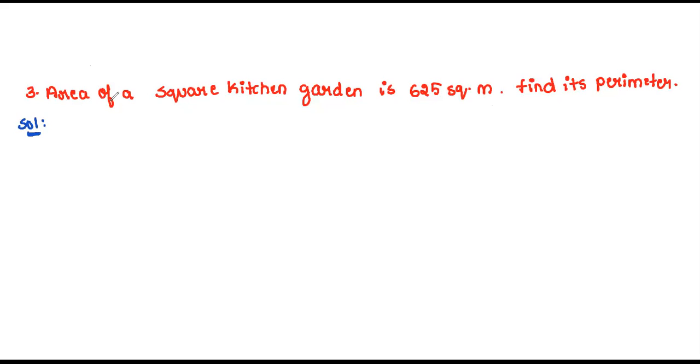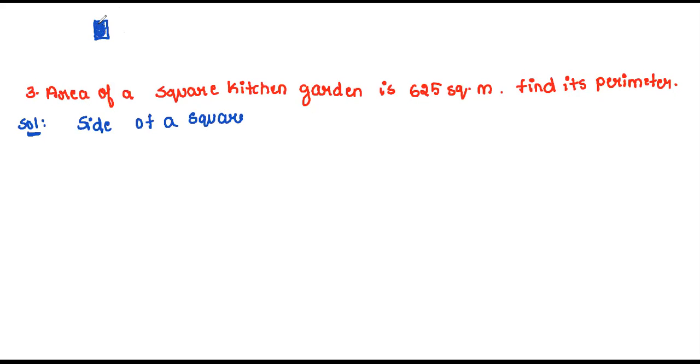So when you want to find that, you need the side, isn't it? To find the perimeter, you need the value of the side. So first let us find out the side. This is a square, okay?